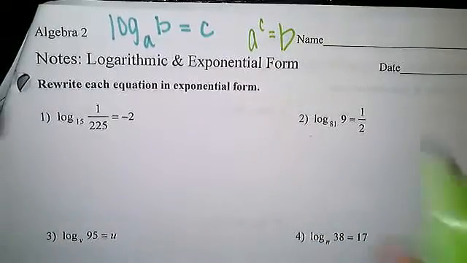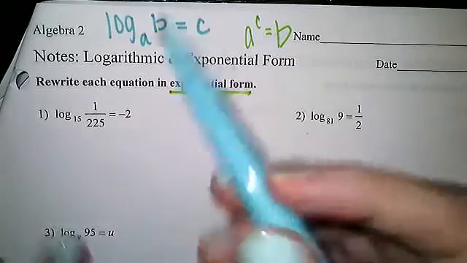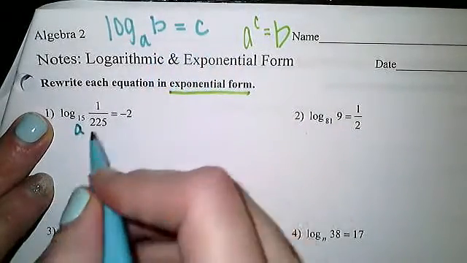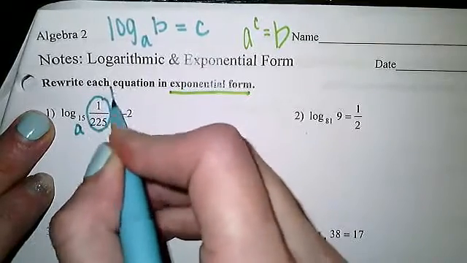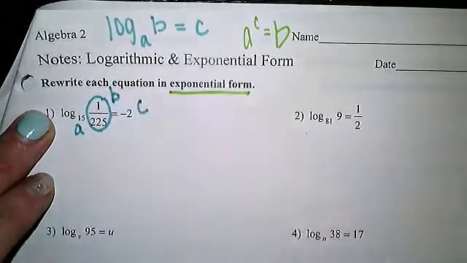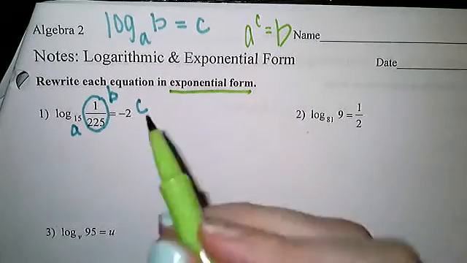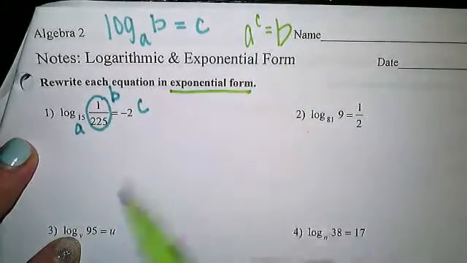The way we're going to start is we're just going to label our problem with A, B, and C. A, this whole thing right here is B, and C. So it's kind of alphabetical order for logarithmic form. When we write an exponential, our A comes first.